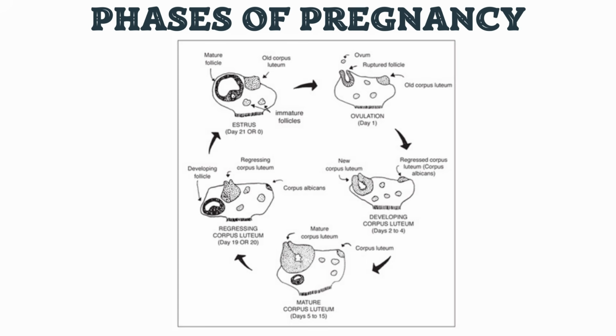So what will happen now? During this time, the cells will multiply rapidly and differentiate into 3 layers. These layers are endoderm, mesoderm, and ectoderm. I hope you are writing. These will give rise to various organs and tissues at a later stage.